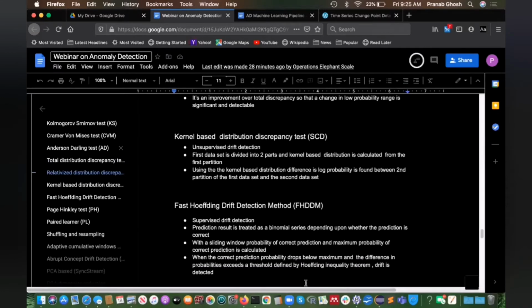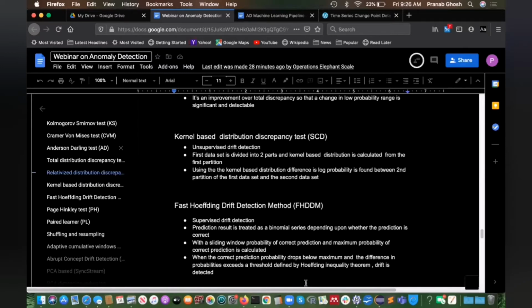Kernel density distribution is also based on difference in distribution, except that it takes the first data set and fits a kernel-based distribution, and then using that kernel-based distribution, it finds the difference with the second distribution.